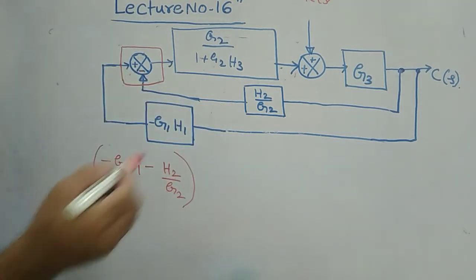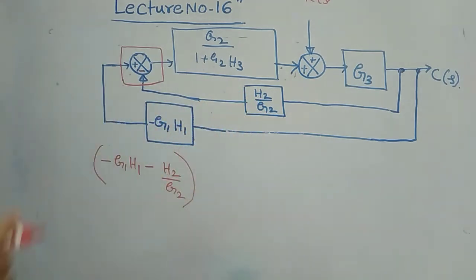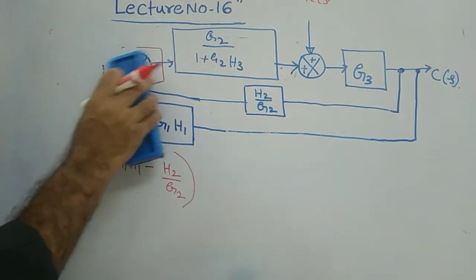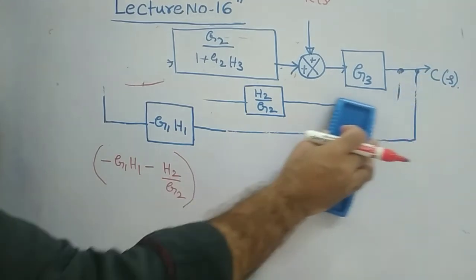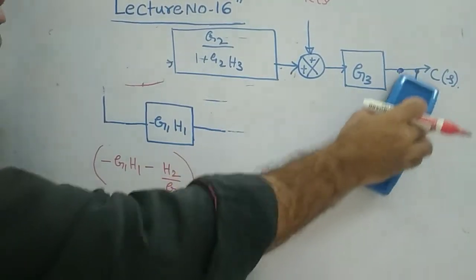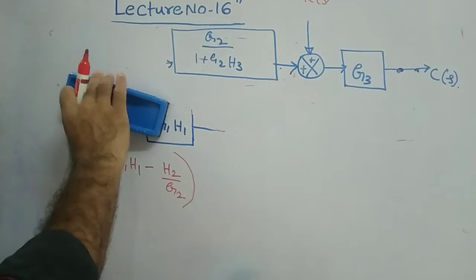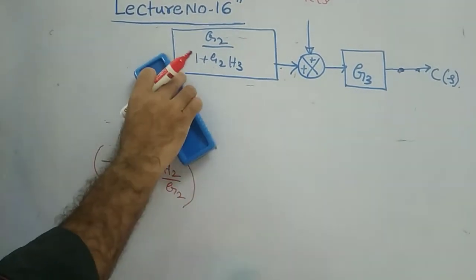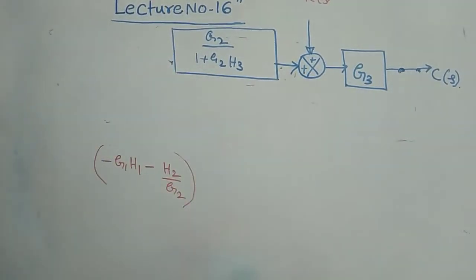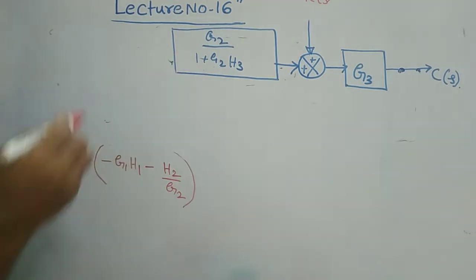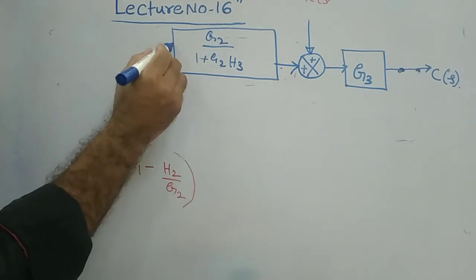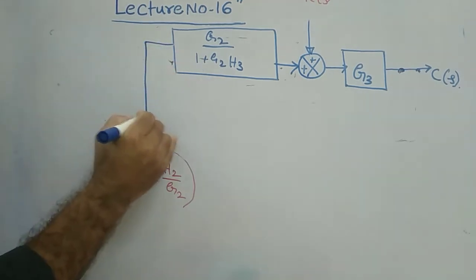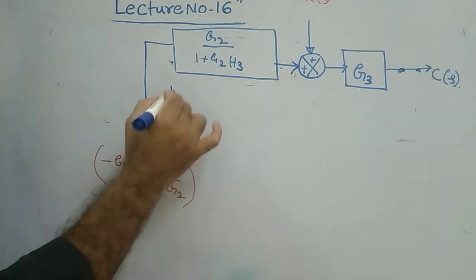So now with respect to these two I can simplify. How can I simplify here? I can remove these two blocks from the output, because both are adding at that summer. Therefore, I can remove that and simply add one box.